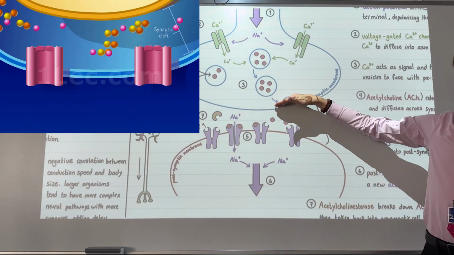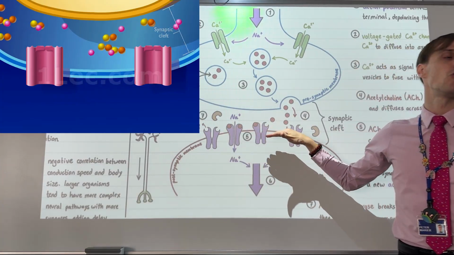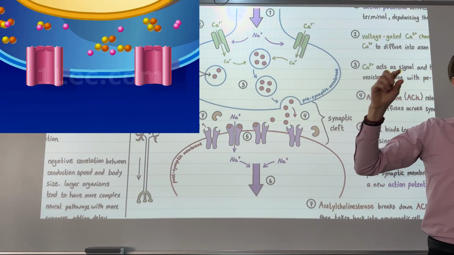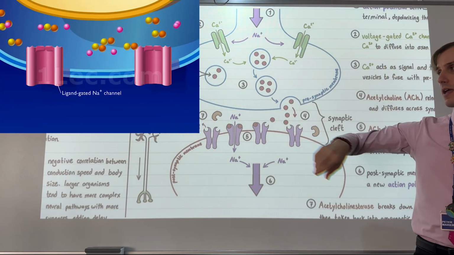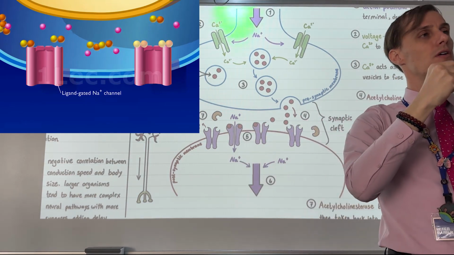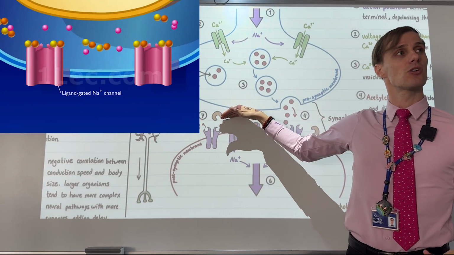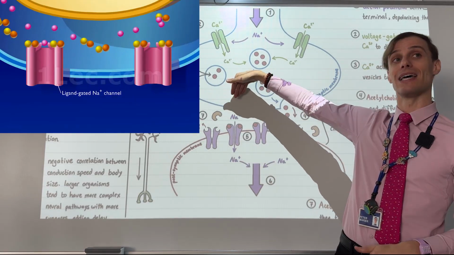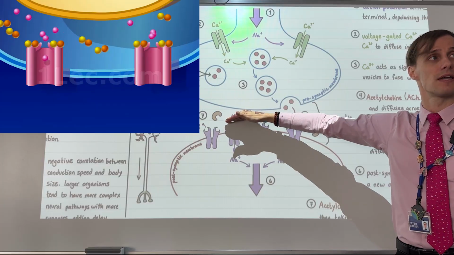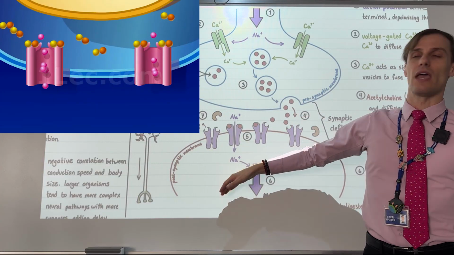Acetylcholine diffuses across the synaptic cleft and binds onto acetylcholine receptors on the postsynaptic cell. Once two acetylcholines have bound to that receptor, that channel opens and allows an influx, or a diffusion, of sodium down its gradient from outside the cell into the postsynaptic cell.